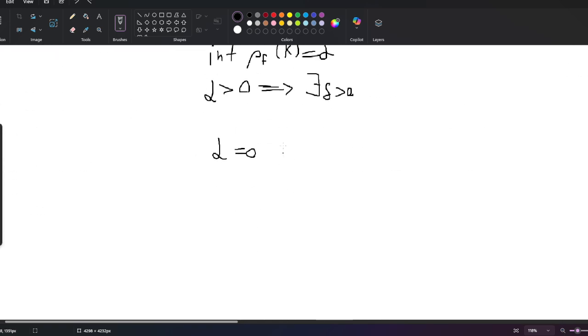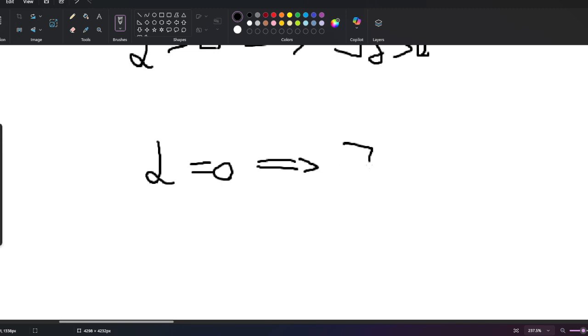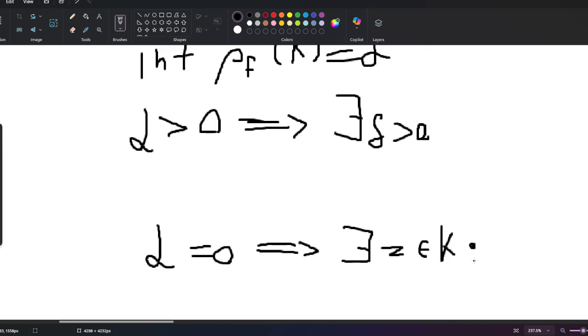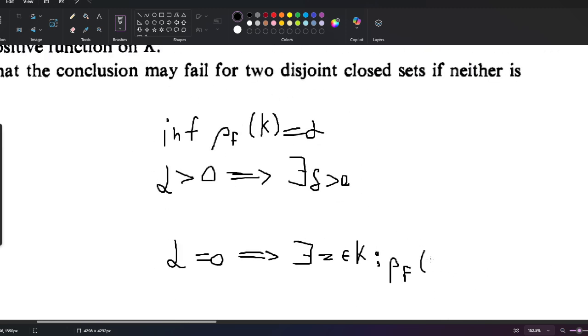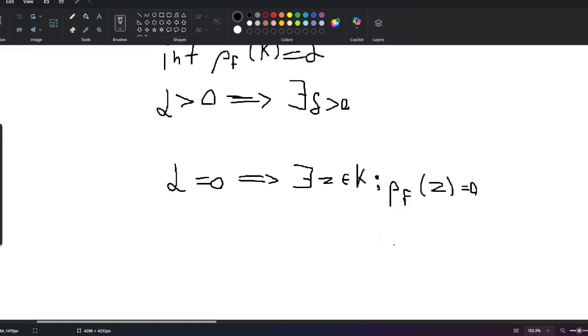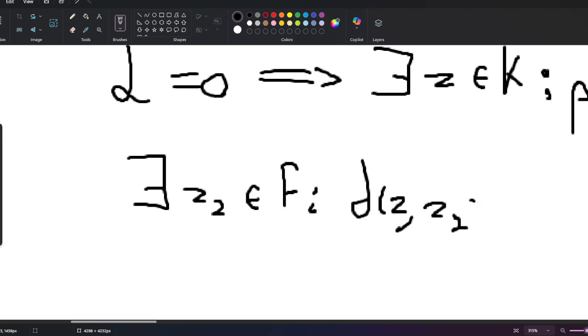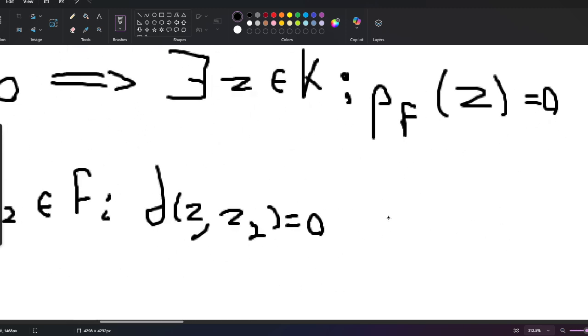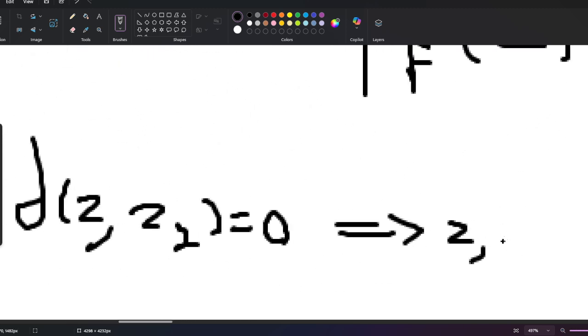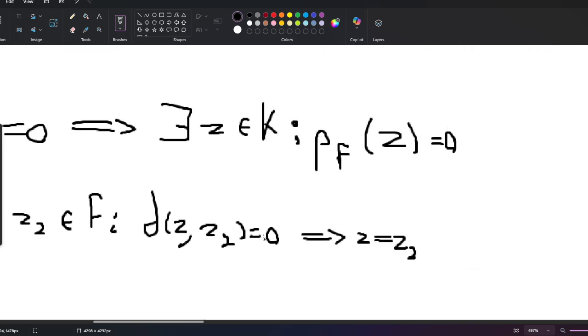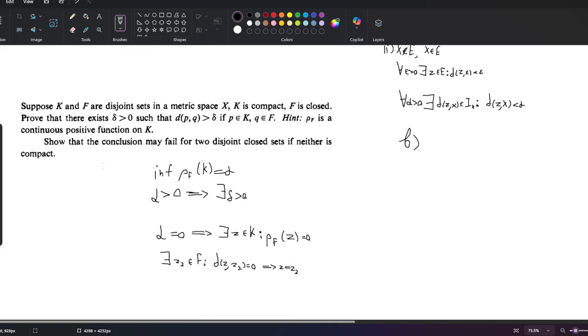So this implies that there exists z belonging to K such that rho f of z is equal to 0, but this implies that there exists z2 belonging to F such that d z z2 is equal to 0, which implies that z is equal to z2, which can't be true because we're working with disjoint sets.